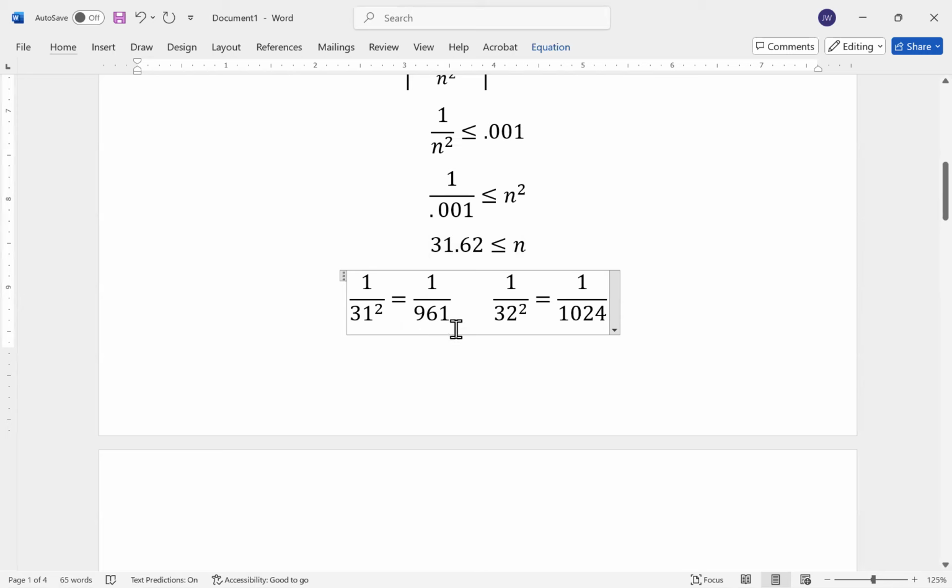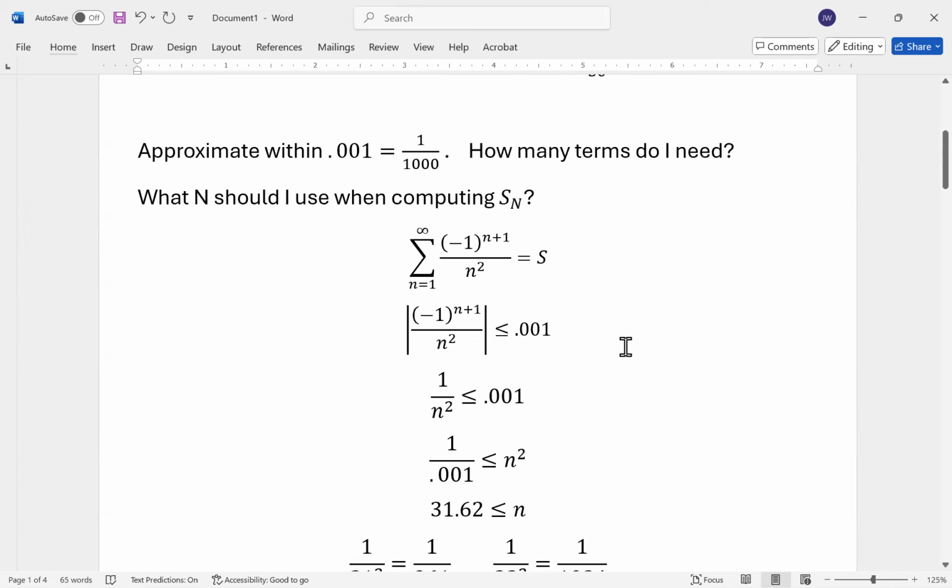So basically, you're going to let this 32nd term be your remainder, and you're going to use the partial sum of the first 31 terms. Hopefully that makes sense.